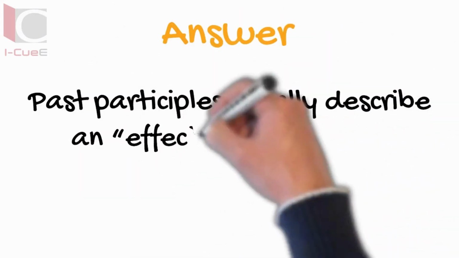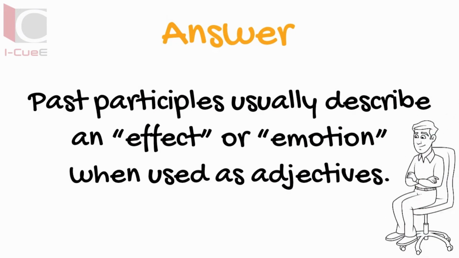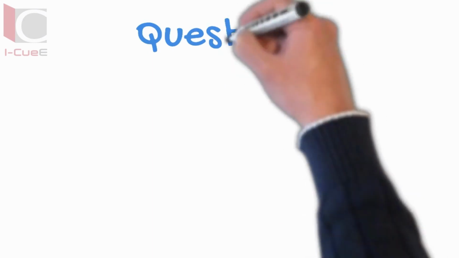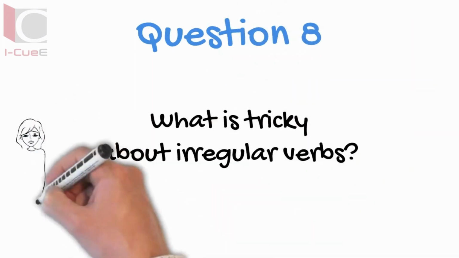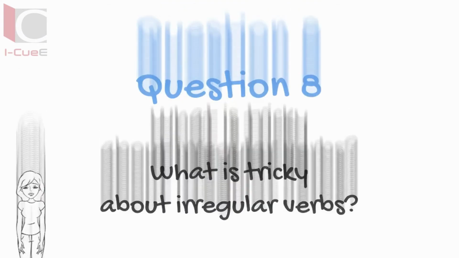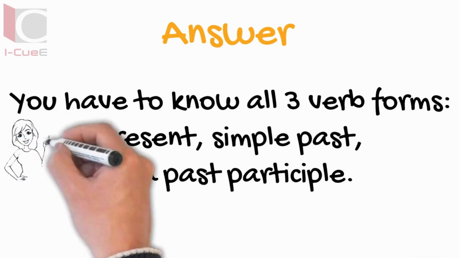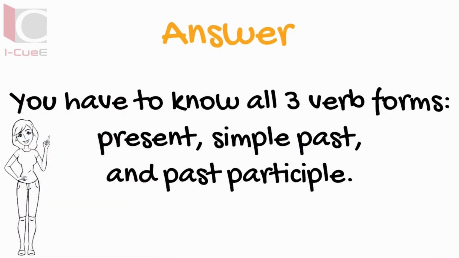Past participles usually describe an effect or emotion when used as adjectives. What is tricky about irregular verbs? Irregular verbs are tricky because you have to know all three verb forms: present, simple past, and past participle.